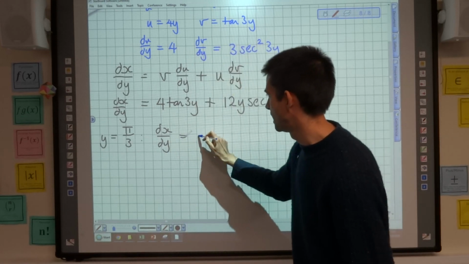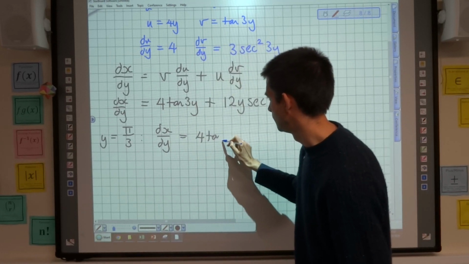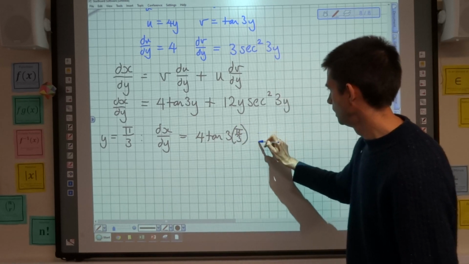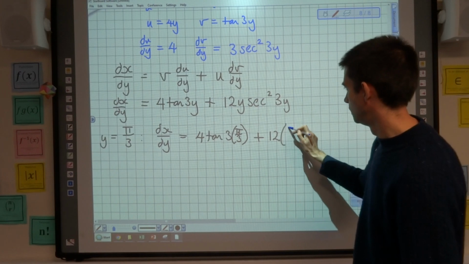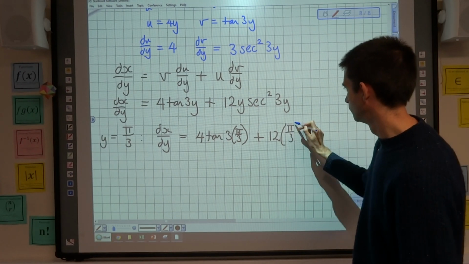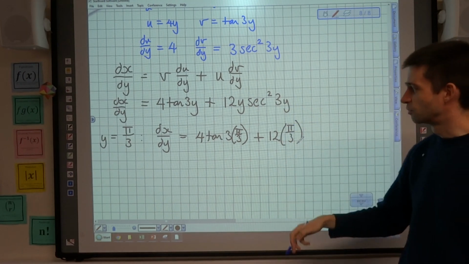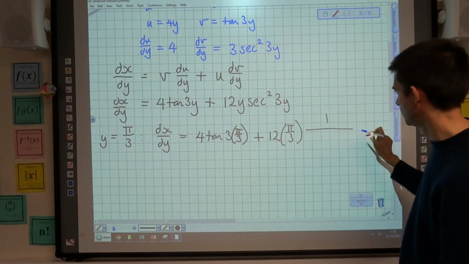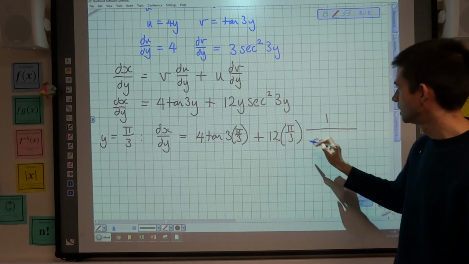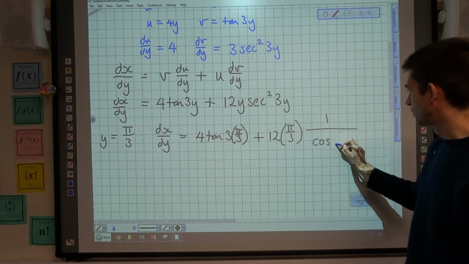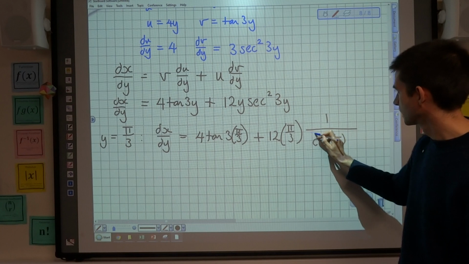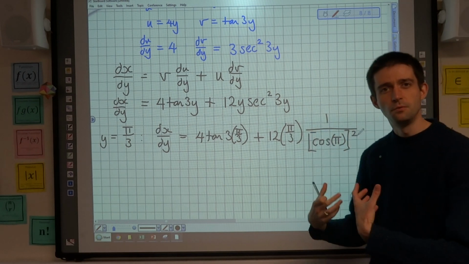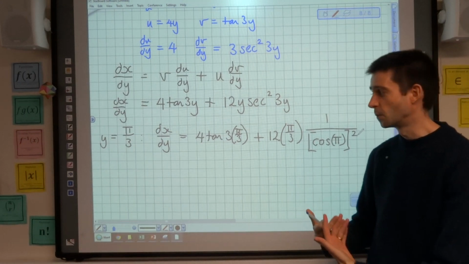So 4 tan 3y, I've got 4 tan 3 lots of pi over 3 plus 12 lots of pi over 3, and then sec squared 3y. Now thinking about what sec squared is, it's 1 over cos squared, so it's 1 over cos 3 lots of pi over 3, so I'm just going to write pi, and then that is squared. So you work out cos 3y and then you square it.